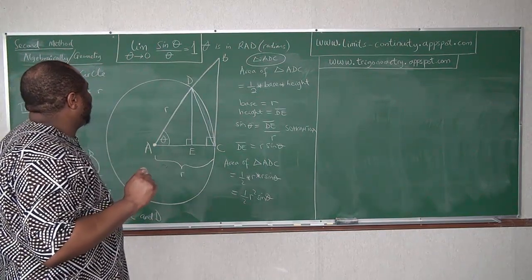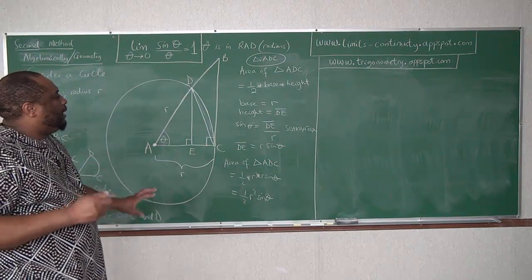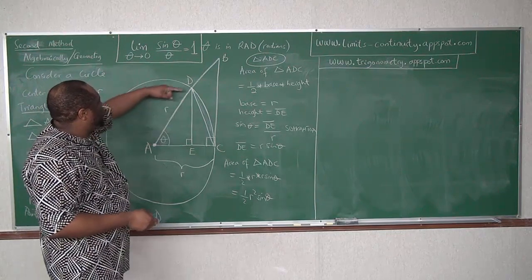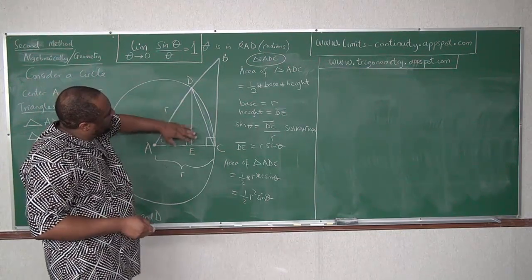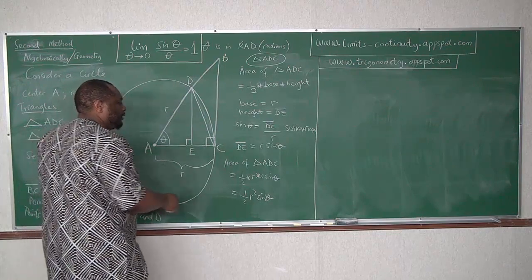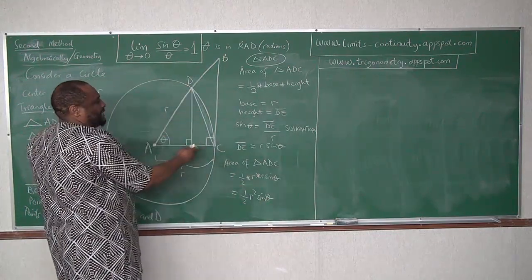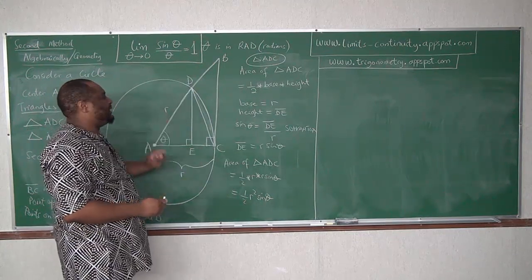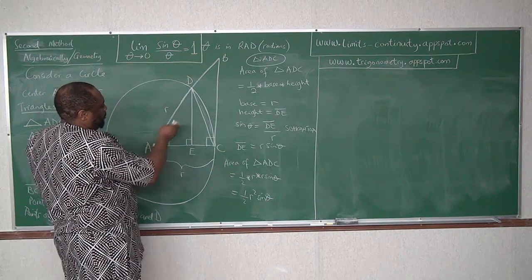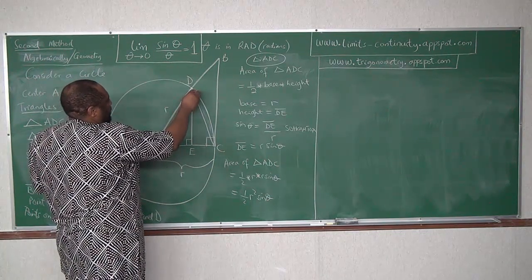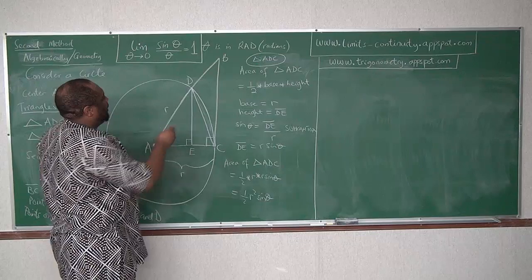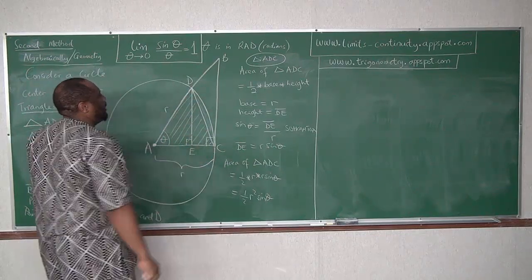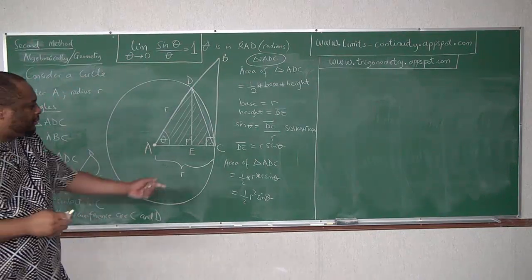Now the next thing we'll do is area of sector. In terms of area, we'll see that the area of this triangle ABC, if I shade it, is less than the area of the sector, and the area of the sector is less than the area of triangle ABC. I have only yellow chalk and white chalk.